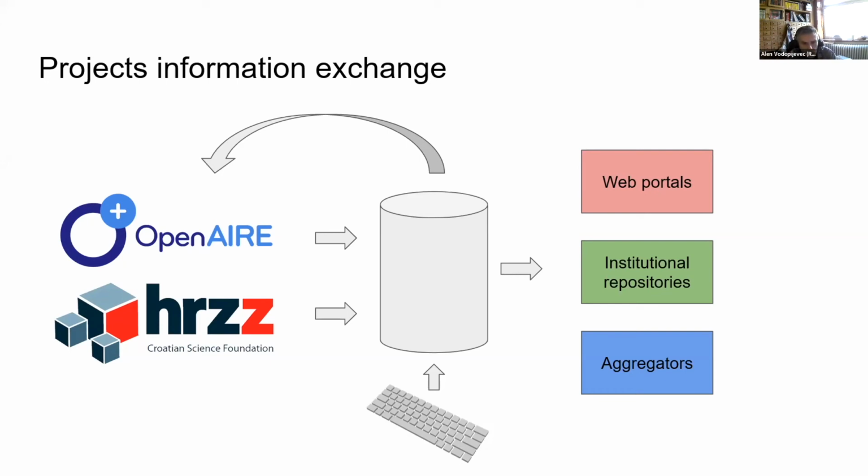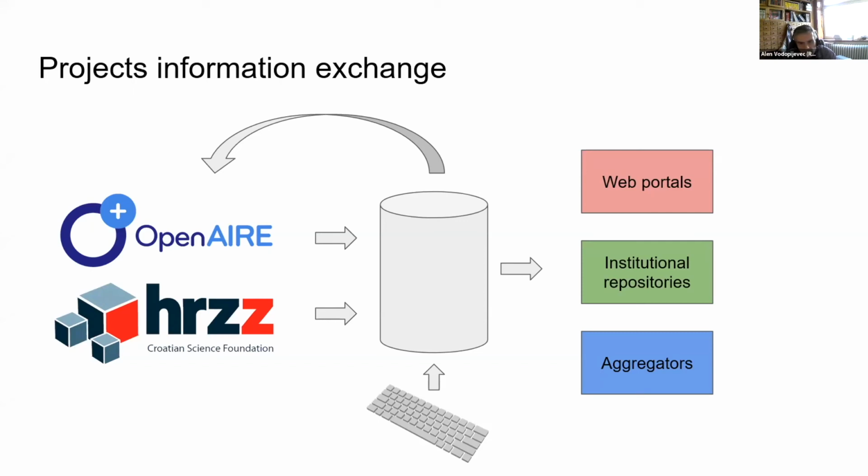So our Croatian national projects are getting harvested from the OpenAIRE site, and the OpenAIRE portal and whole ecosystem is enabled to use this information for the graph and for other analysis. Through the APIs, of course, this information is available for other portals, web services, repositories, and other aggregators.